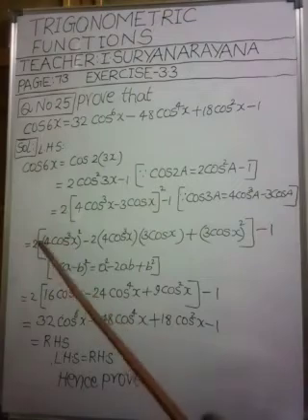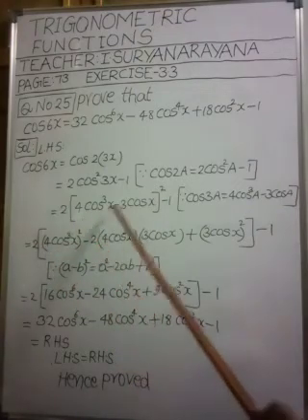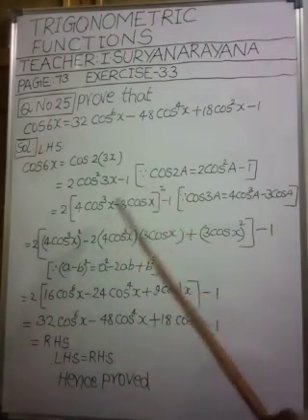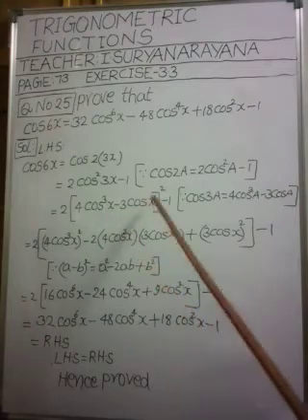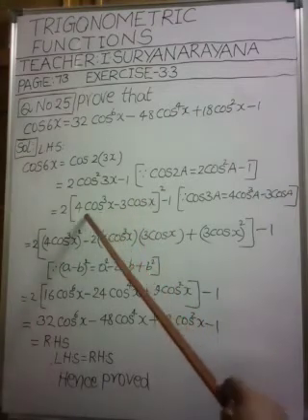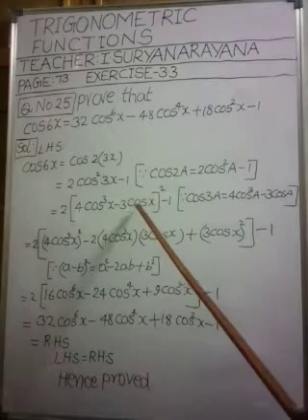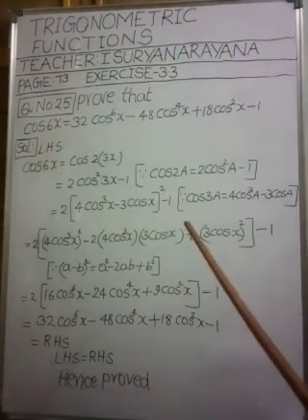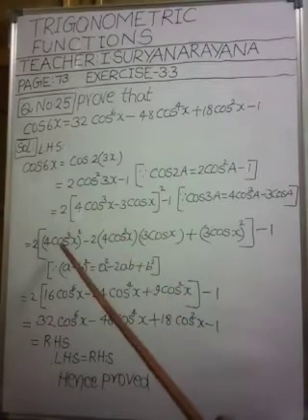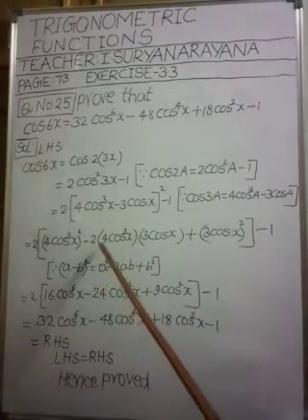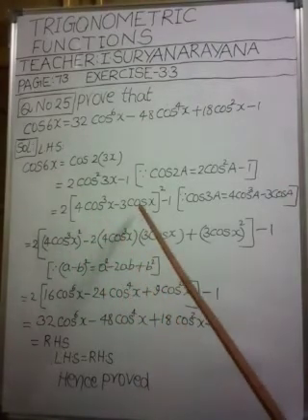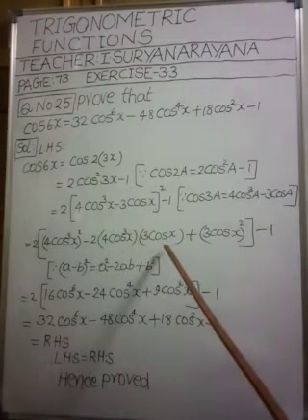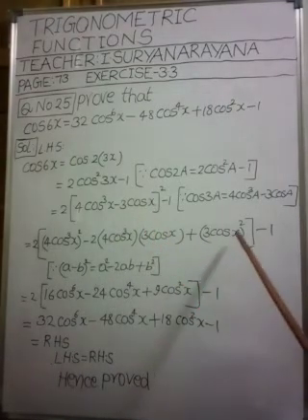Right. That is equal to 2 into, it is in the form of a minus b whole square. We can use that algebraic identity here. So a is 4 cos cube x, and b is equal to 3 cos x. So we get 4 cos cube x whole square minus 2 into 4 cos cube x into 3 cos x plus 3 cos x whole square.